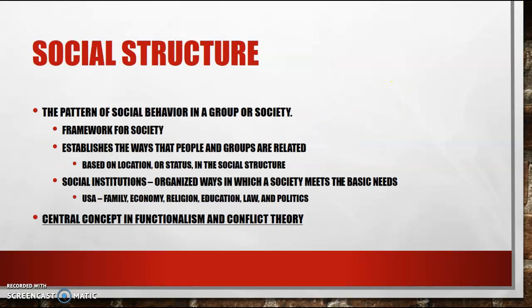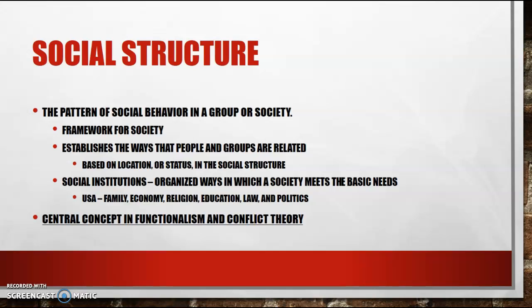Social structure. That is the pattern of social behavior in a group or society. It's the framework for society. It establishes the ways that people and groups are related. And this is how we organize things based upon your location or status within that social structure. Some would view things like the old system of kingdoms in Europe, where you have a king, you have lords, you have vassals, you have peasants, and the way you line up, the way that you are built into that social structure, you're born into it.